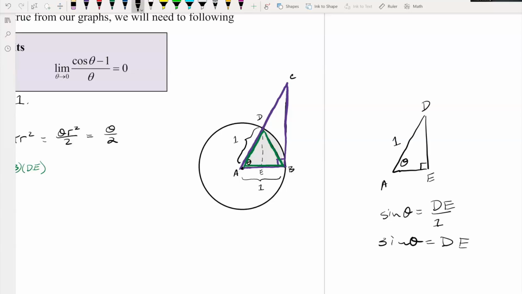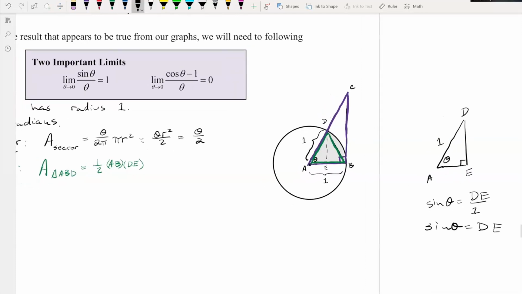And so I can come back here in green and say that the area of this triangle is going to be 1/2 times AB, which is the radius 1, and DE is sine theta. In other words, we get sine theta over 2. And that's from looking at that small right triangle, right? This little right triangle in here in black.